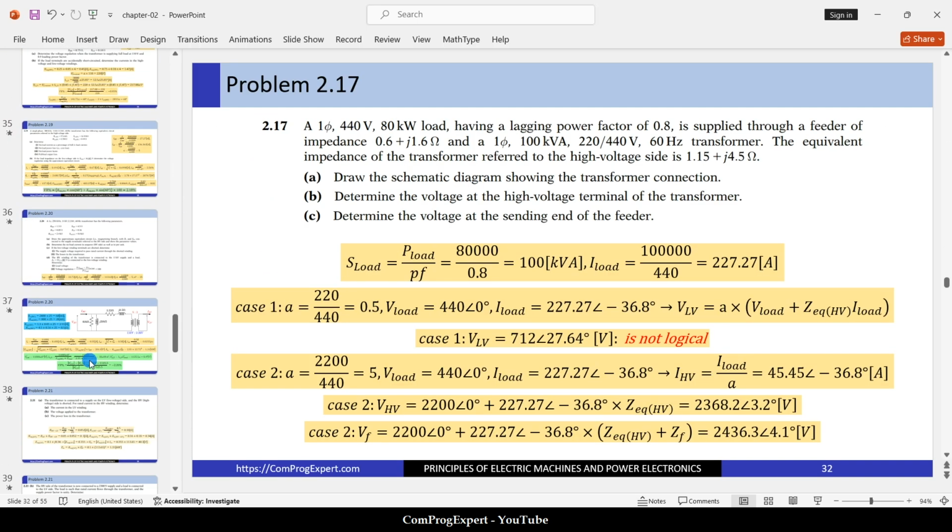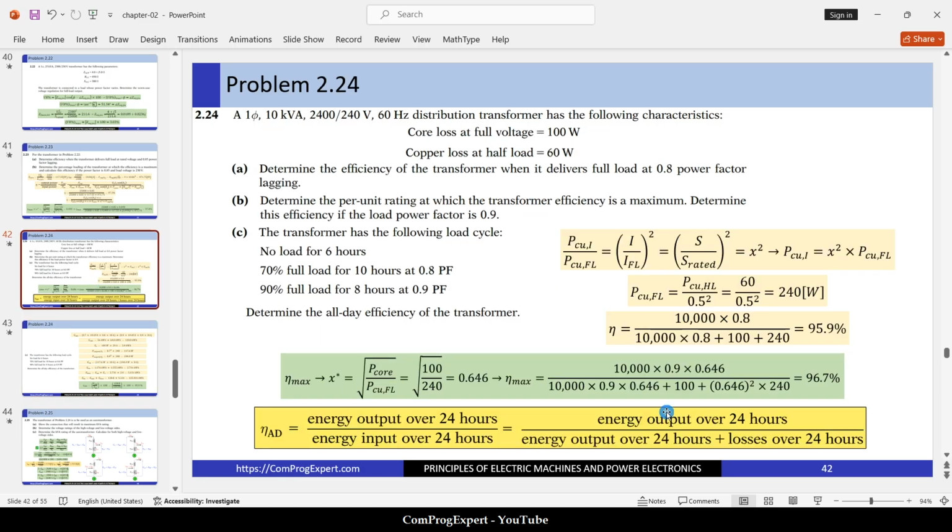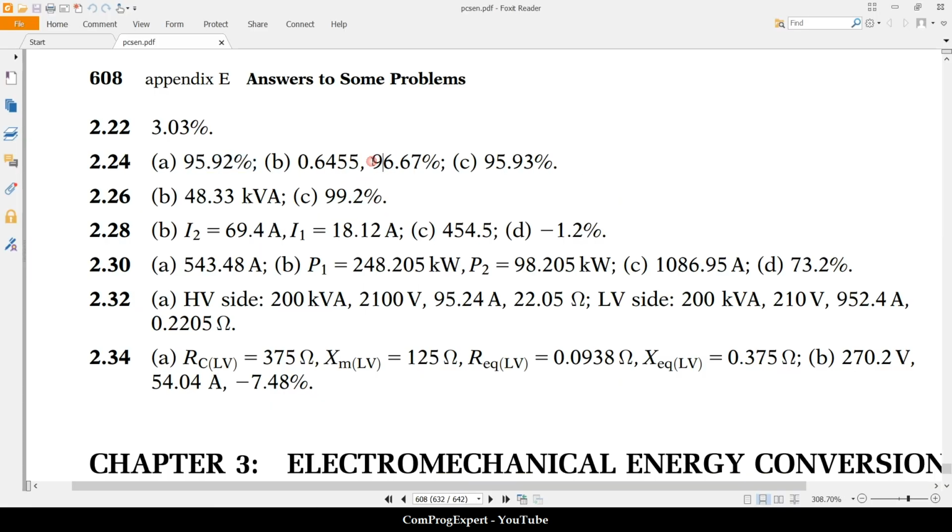So in this case, the power factor is 0.9. Okay, as long as we set the load fraction equal to this number, you can replace the numbers. The maximum efficiency for this load is equal to 96.7%. This is the load fraction, and this is the maximum efficiency.